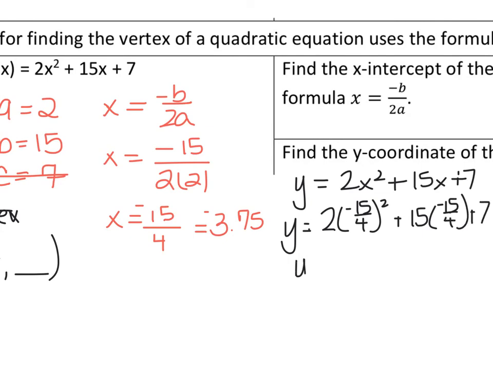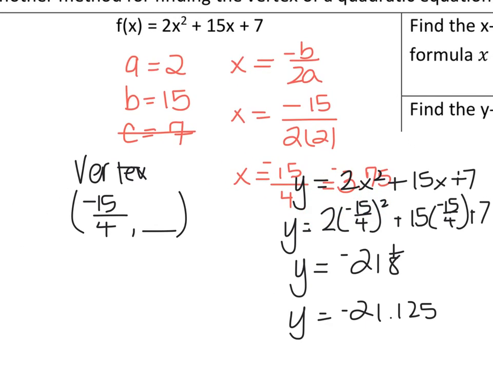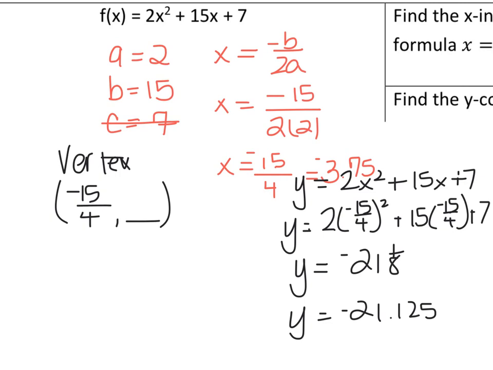And when that whole hot mess gets worked out, we end up with negative 21 and 1/8, or you could write it as negative 21.125. So the y value of our vertex is negative 21 and 1/8. Those are just two different methods for finding the extrema, or in other words, for finding the vertex, the maximum or the minimum.